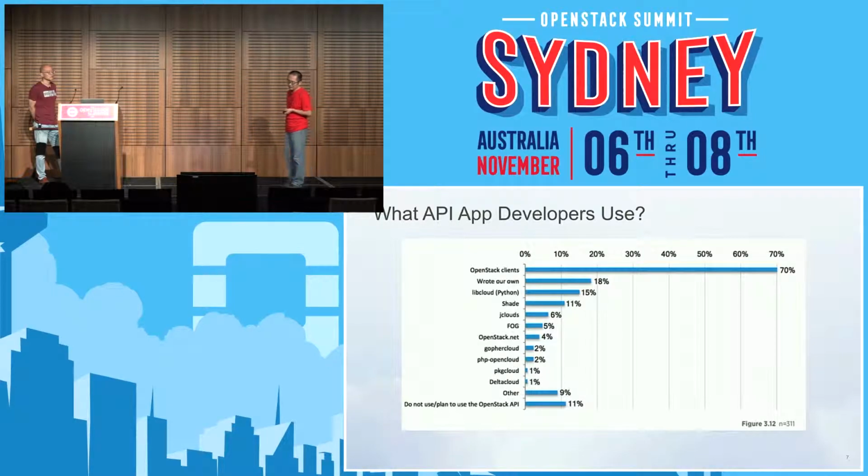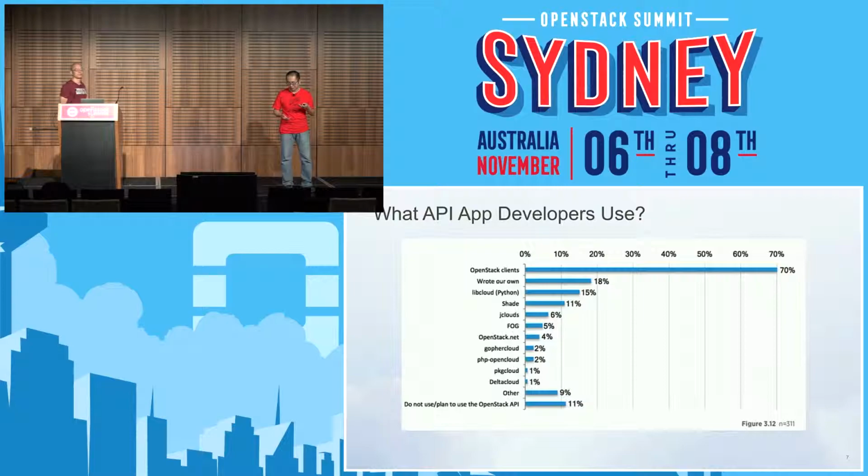The second one is that a lot of vendors or customers write their own scripts or libraries to call the OpenStack API. After that, most of the frameworks are the OpenStack SDK projects.